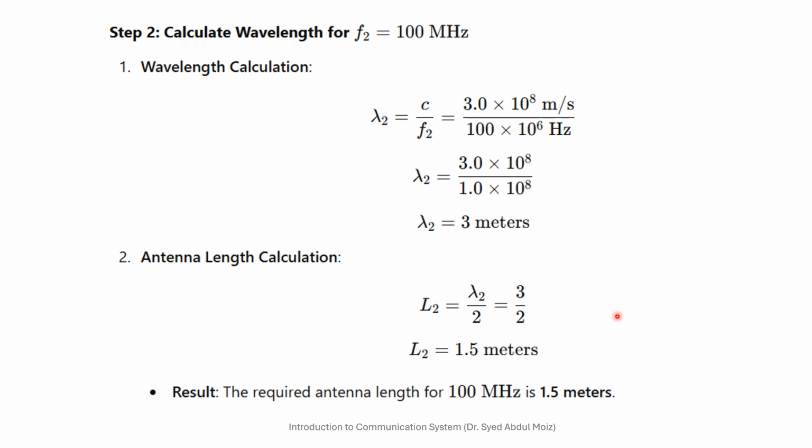If our message is 5 kilohertz, then with the help of a carrier wave, with the help of modulation, we can make a modulated signal of 100 megahertz, and our receiver side antenna is just 1.5 meters, which is highly practical as compared to the one for 5 kilohertz. So we realize that if we increase the frequency of the modulated signal, then we will get a reasonable size of antenna.